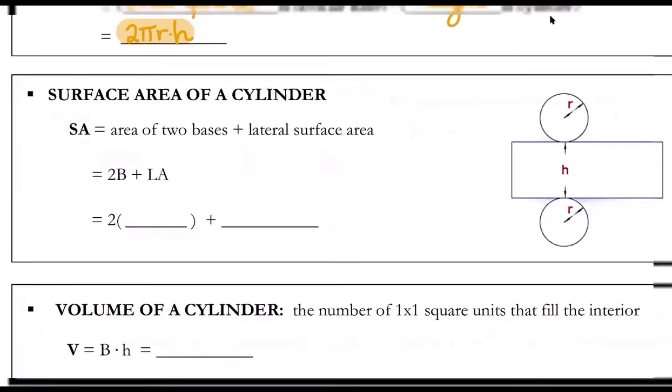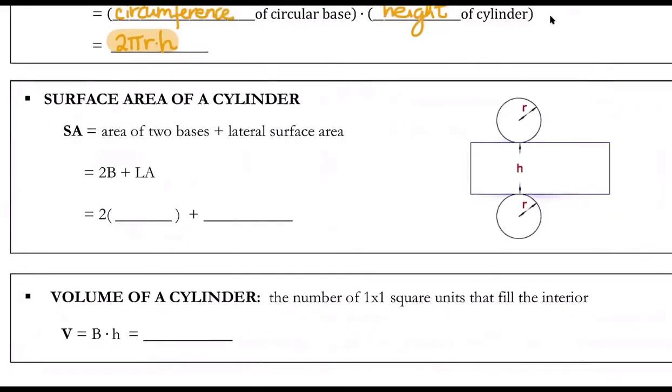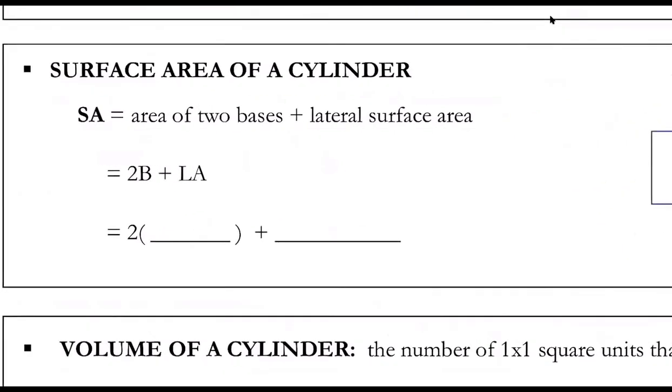Now for surface area, remember surface area is just simply the lateral area plus the two bases added onto it. So for surface area, it'll be the lateral area that we found up above, and then two bases added onto that. Well, the two bases are circles, so it'll be 2 pi r squared, and then the lateral area, which was 2 pi r h.